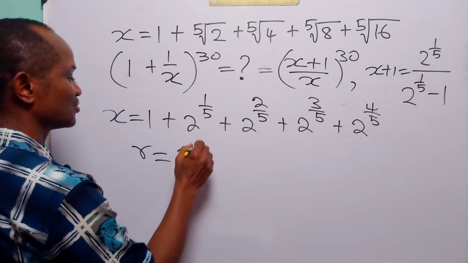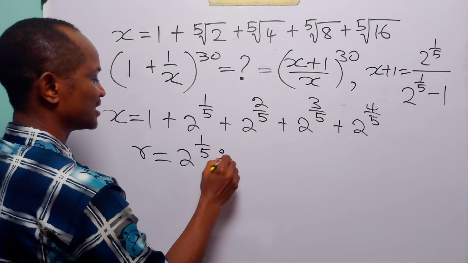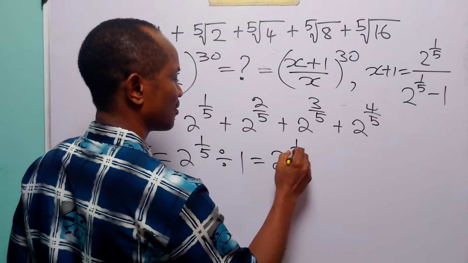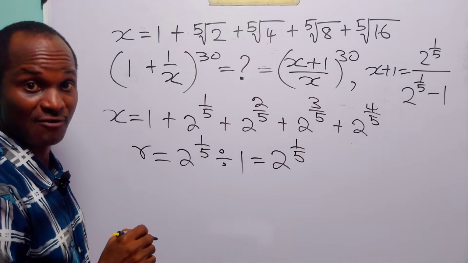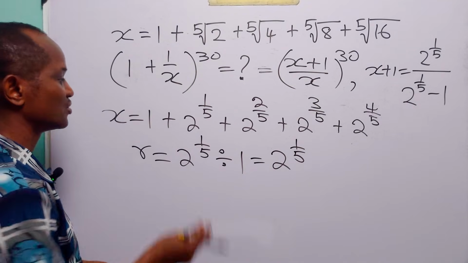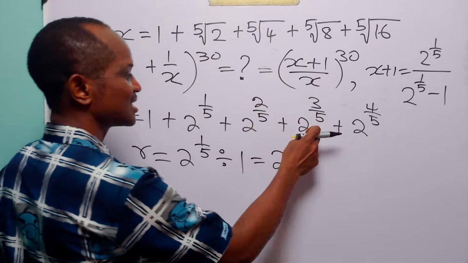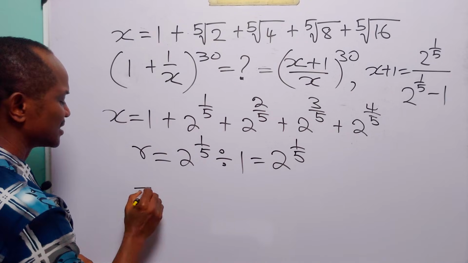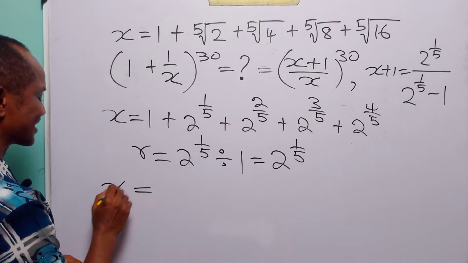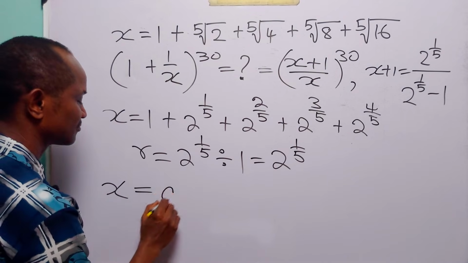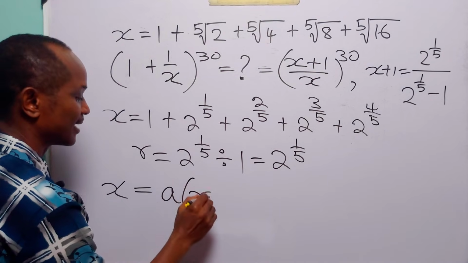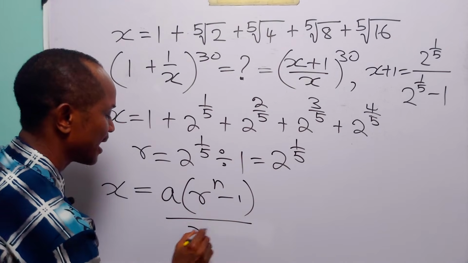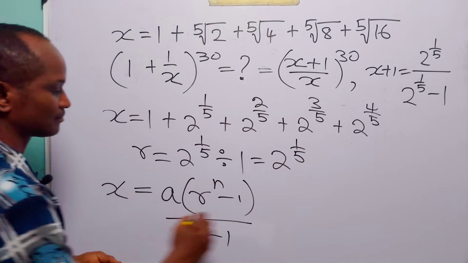So we have 2 to the power 1 over 5 divided by 1, which of course is equal to 2 to the power 1 over 5. So this is the common ratio. Now, all we need to do is to find the sum of these first 5 terms. And we go back to the same formula. We have that x is equal to a multiplied by r to the power n minus 1 divided by r minus 1.